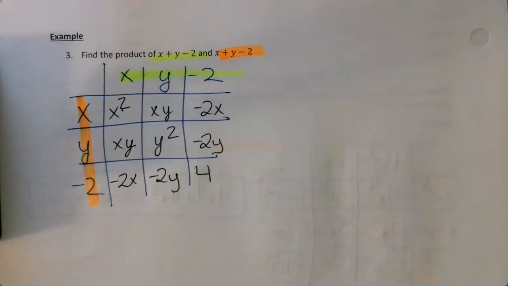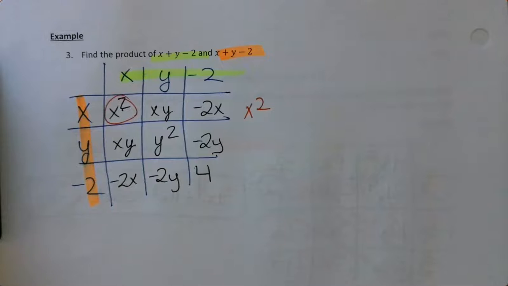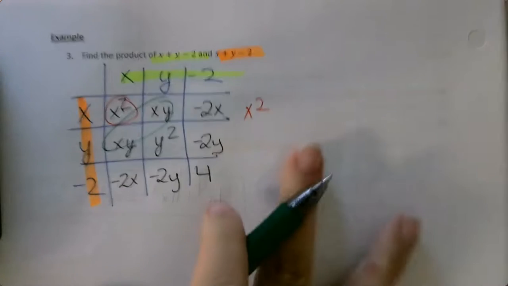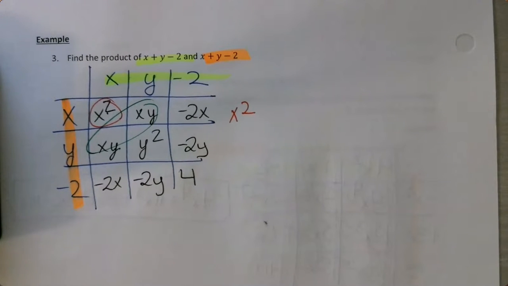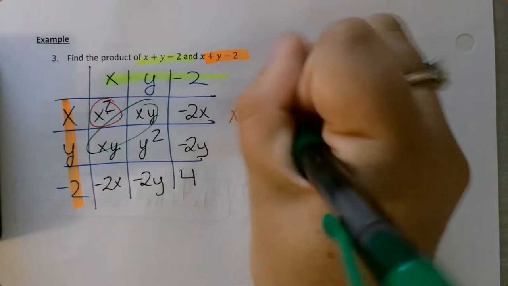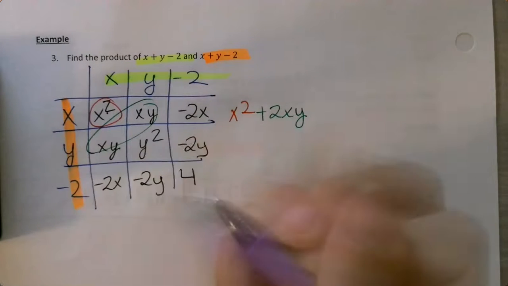Okay, so then what I want to do is I want to combine like terms. I only have this x squared. Then I have these two xy's. So what do I get when I add those together? 2xy. Then I'll do the x's next.